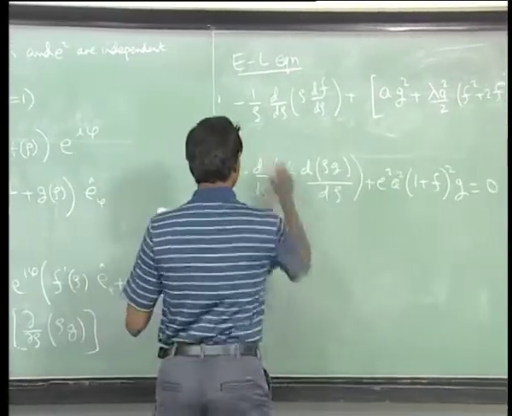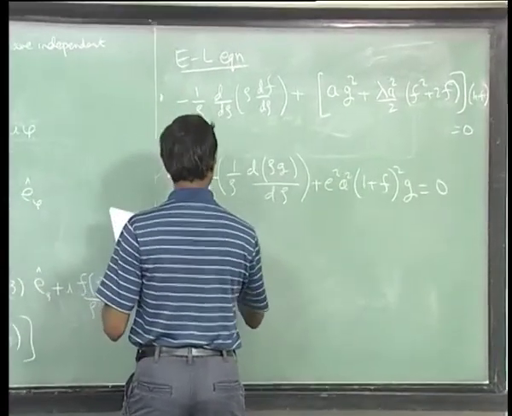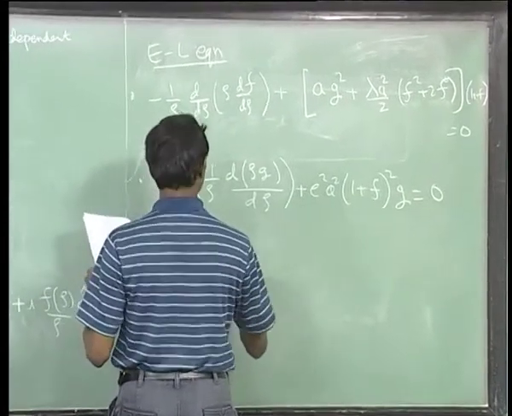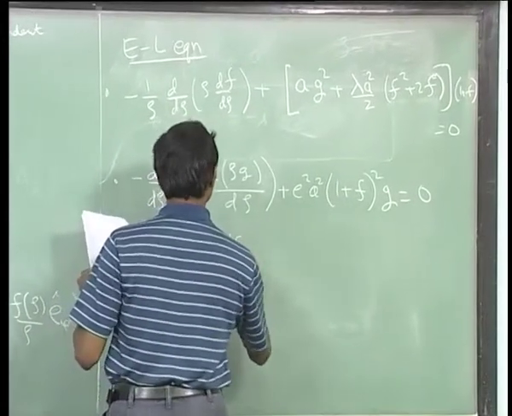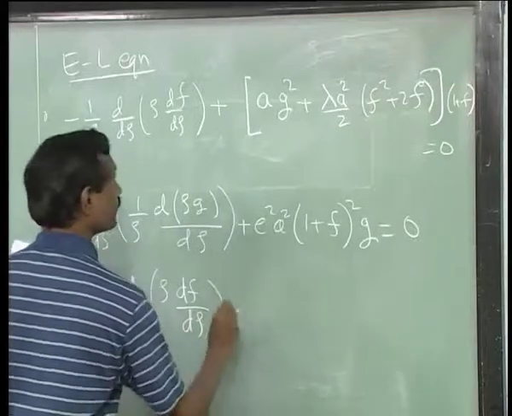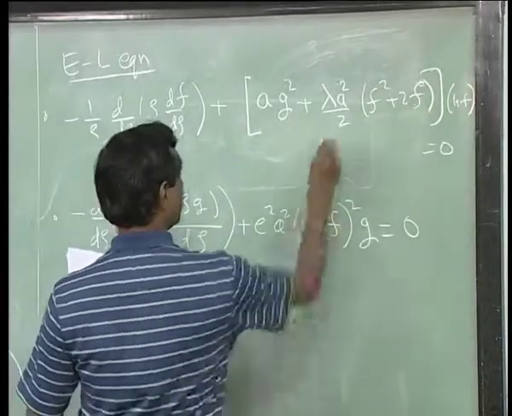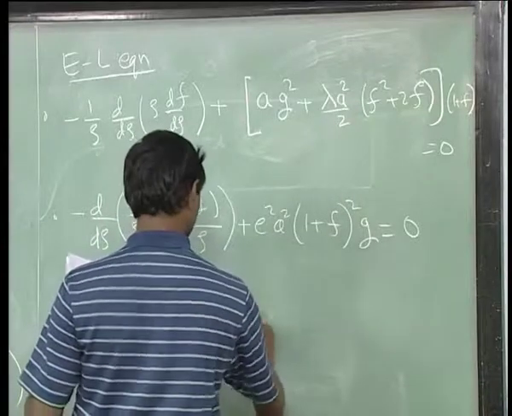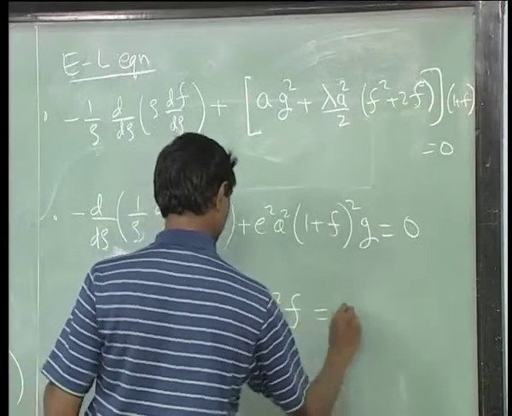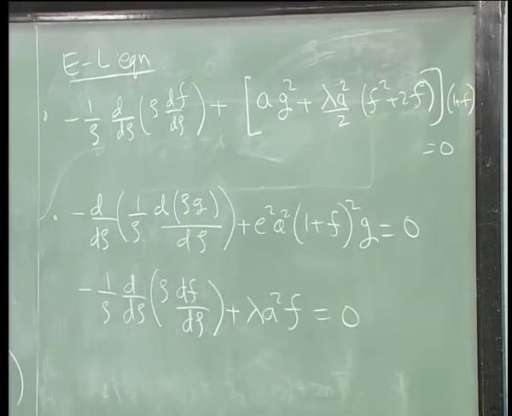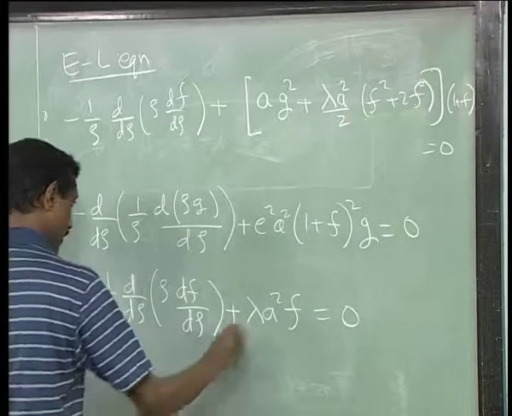Now we look at this. There is only one term, which is plus lambda a square.